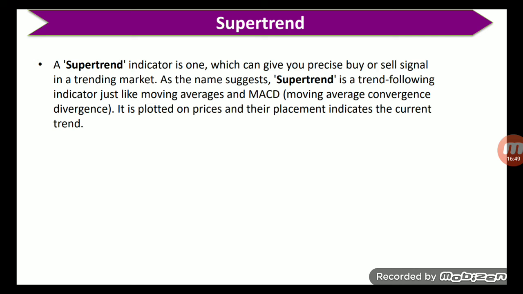When the downward arrow is generated on the graph, it shows a downward trend, and when the arrows are at an upward trend, a green arrow generally, it depends on which platform you use for trading shares, then it shows the upward arrow and it generates the buying signal.